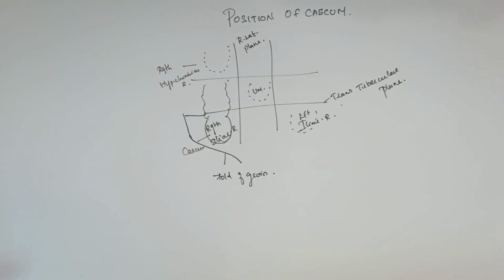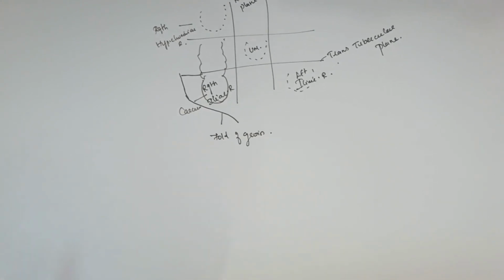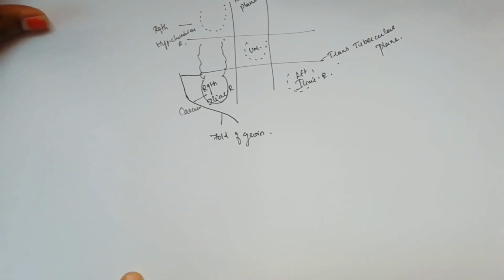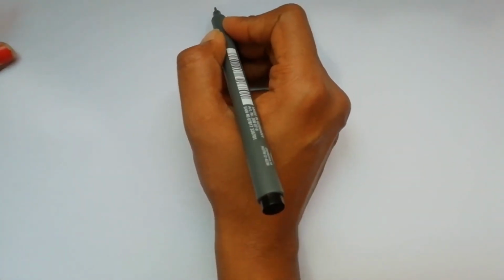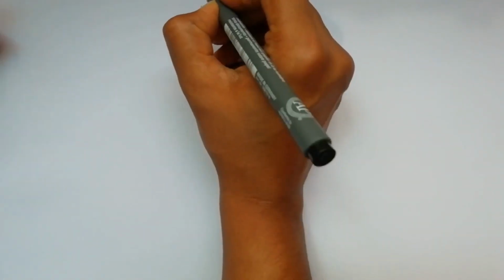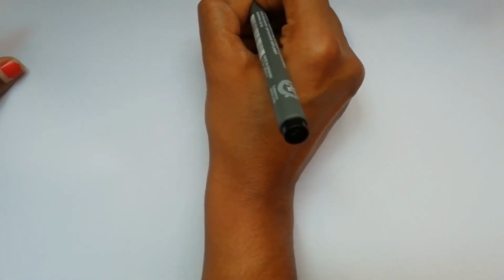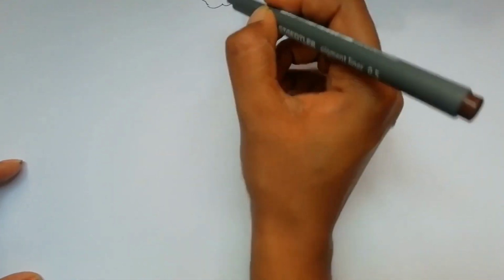Now we will move on to the general relations of this cecum. To know about the relations, we have anterior and posterior relations and all.